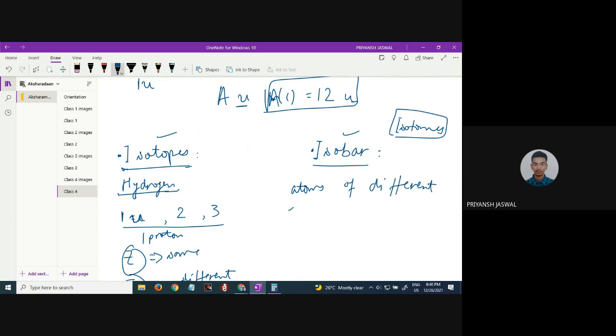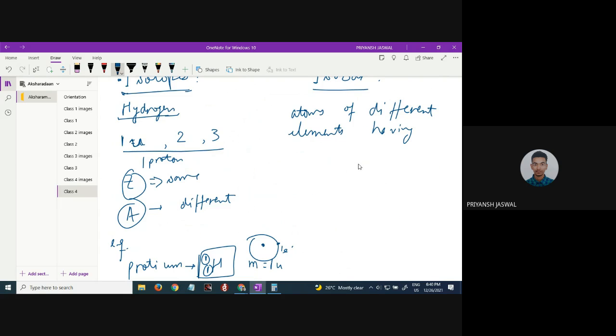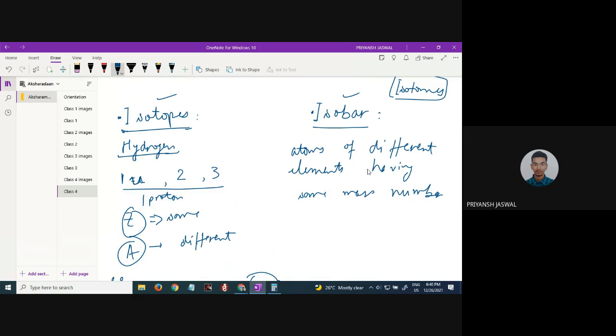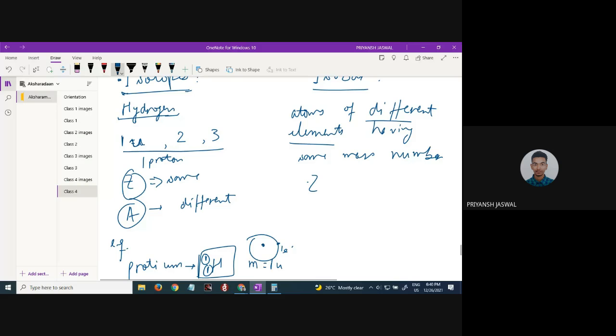Atoms of different elements having same mass number. Since we have said that it is the atoms of different elements, it directly implies that the Z for the two isobars will not be equal, but their mass number will be equal.